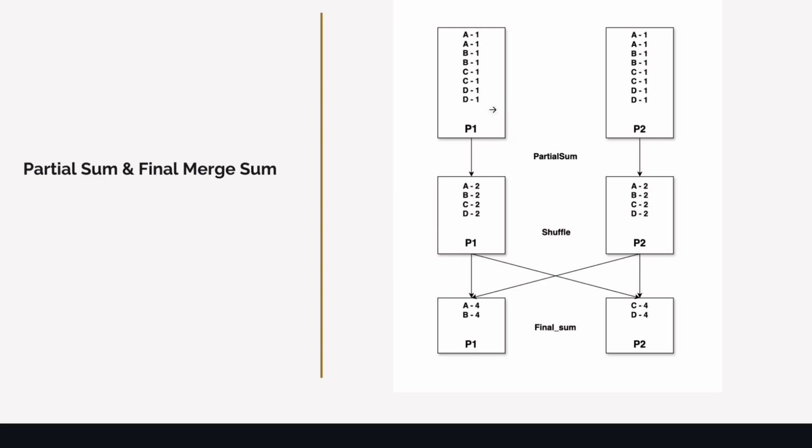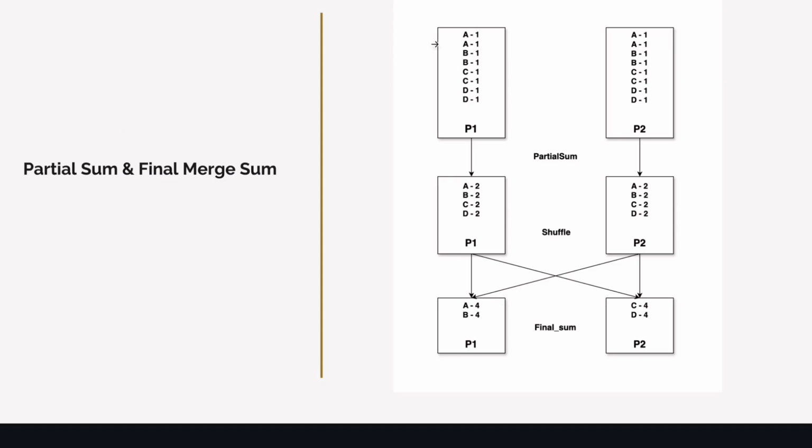So if we consider the data has two partitions, and these are the rows. A has two occurrences, B has two, C and D two records in partition one, and the same number of records in partition two. So what it did is a partial sum before even having a shuffle operation.